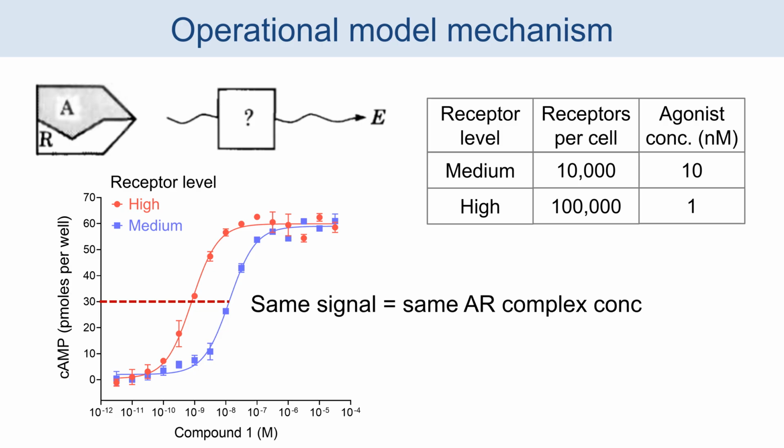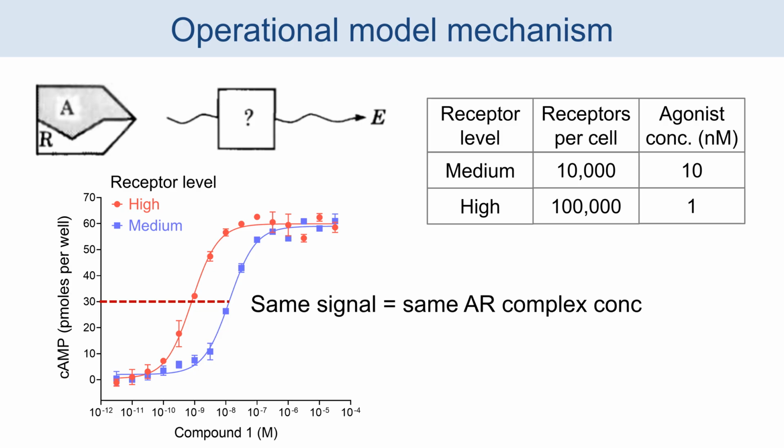These data were simulated assuming the concentration of receptors in the high-expressing clone was 10 times higher than the level in the medium-expressing clone. The receptor level in the medium-expressing cells is 10,000 receptors per cell, and the level in the high-expressing cells is 100,000 receptors per cell.